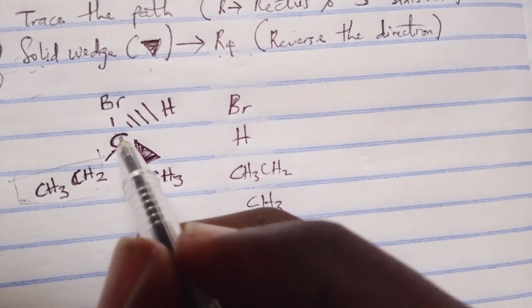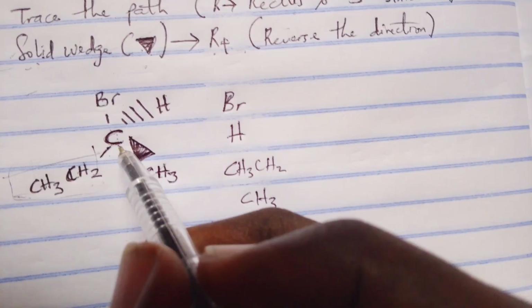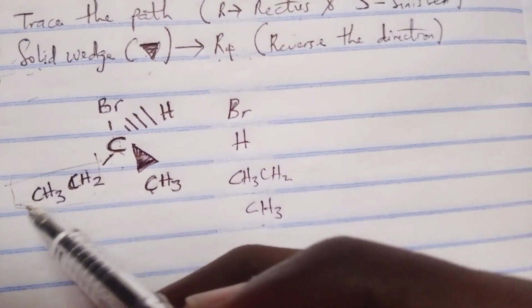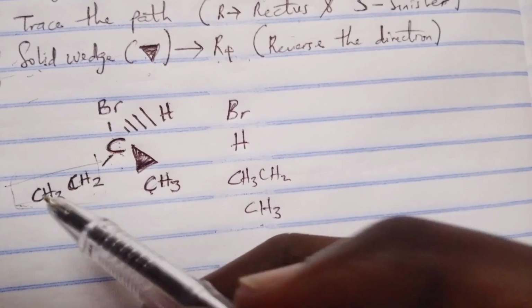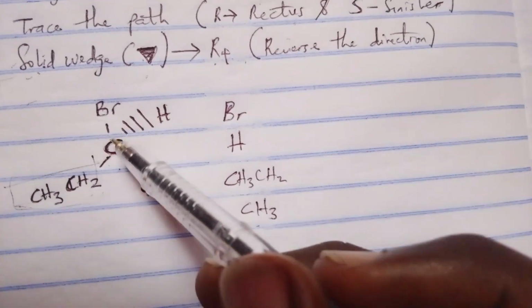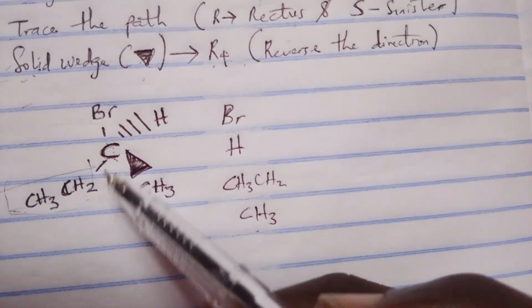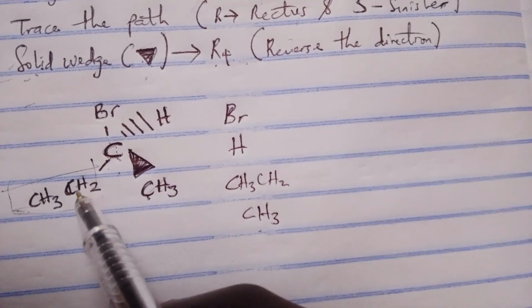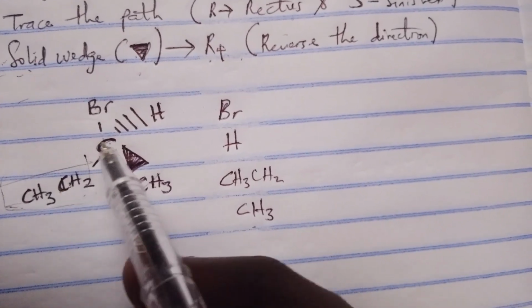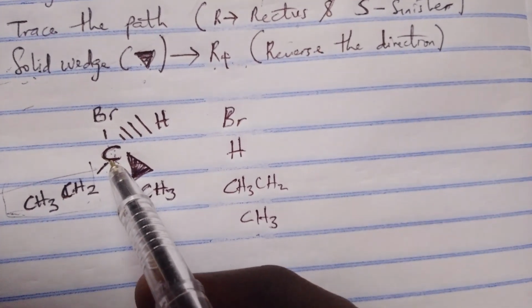Now how do we know whether this chiral carbon has R configuration or S configuration? According to the Cahn-Ingold-Prelog rules, we know that we have to assign numbers to them according to their atomic number. Now we are only considering the atoms that are directly attached to this carbon atom. You understand?